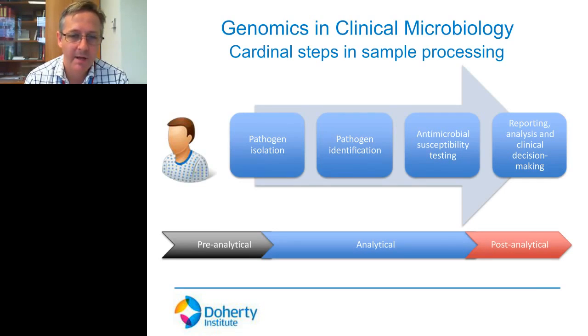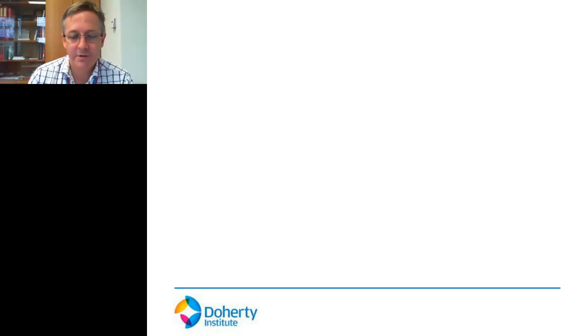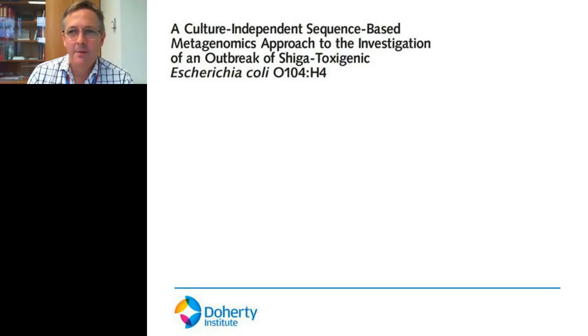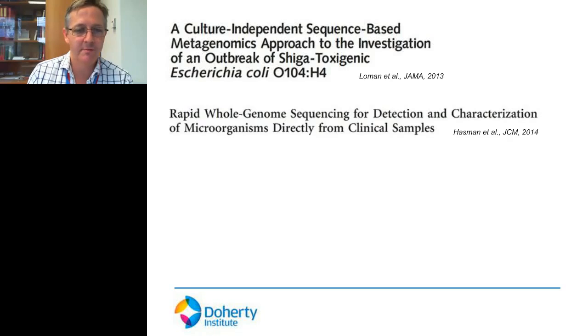If you think about how a clinical microbiology lab works, there's quite rapid processes we go through, from pathogen isolation to identification to susceptibility testing and reporting and clinical decision making. But if you look in the literature about the role of genomics in a clinical lab, you start to see a lot of papers emerging now where they describe different methodologies that might be relevant to the clinical lab.